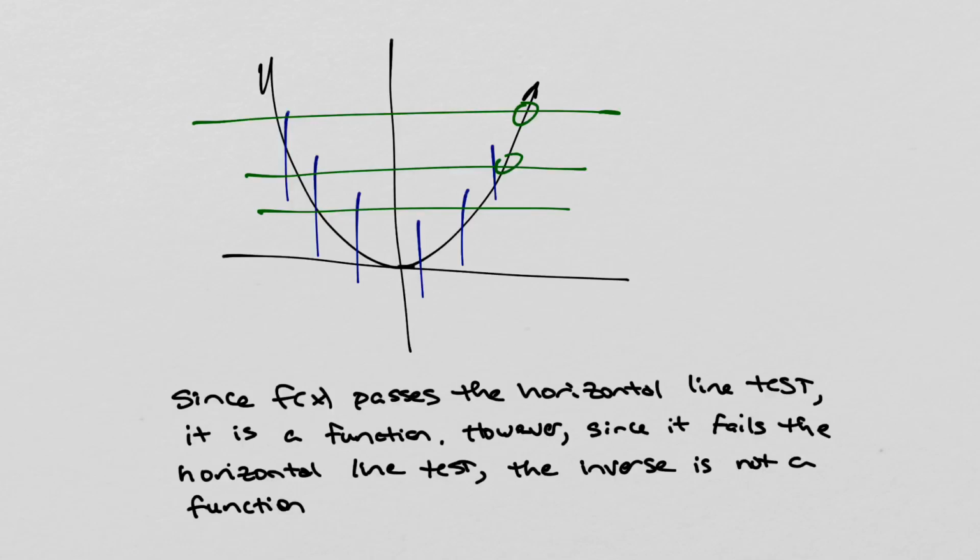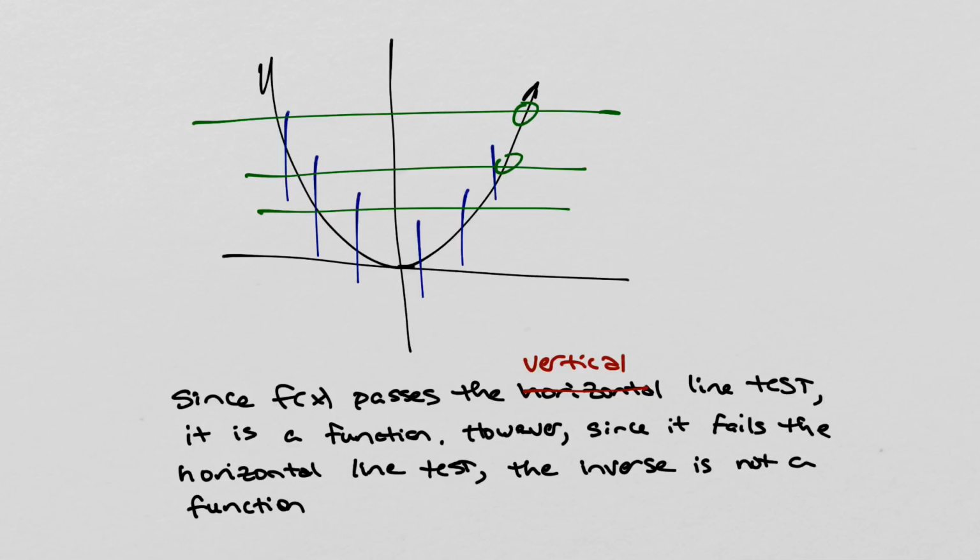Since f of x passes the vertical line test, it is a function. However, since it fails the horizontal line test, the inverse is not a function.